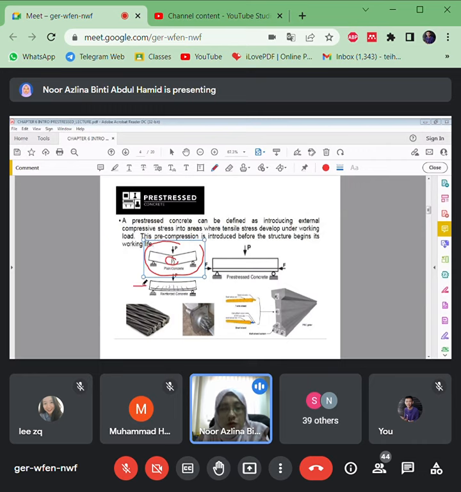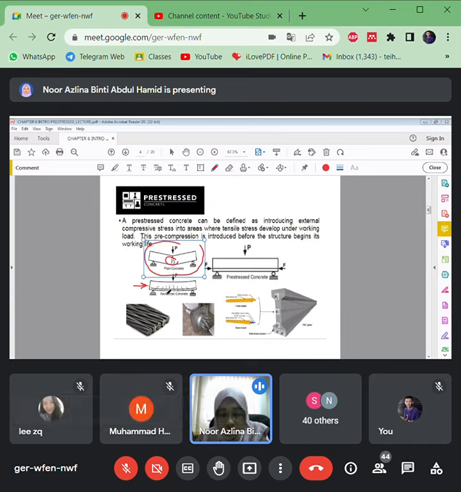So that's why we provide steel reinforcement, which is a good intention. The combination of concrete and steel can enhance the performance and increase the load capacity of the reinforced concrete. But at the same time, cracks still occur because of deformations. Although we provide the reinforcement, the deformation still occurs, and because of deflections the cracks occur.